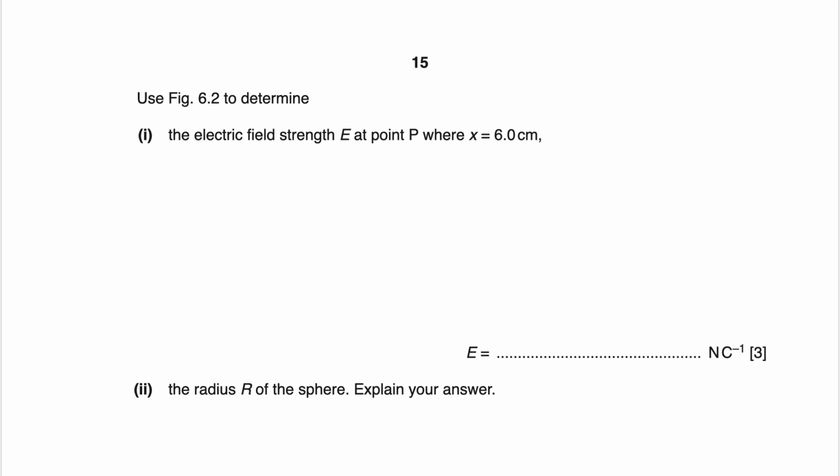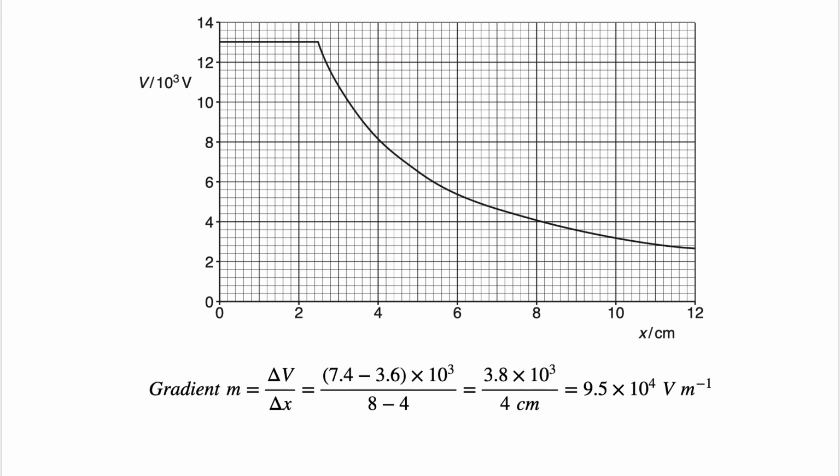In the next page, use figure 6.2 to determine the electric field strength E at point P when x is 6 centimeter. Okay, this we can do in two ways. One, we can use a formula, the more accurate method, or this one. Let's see.